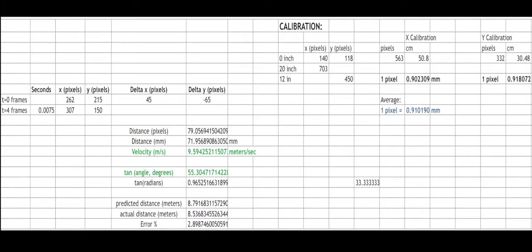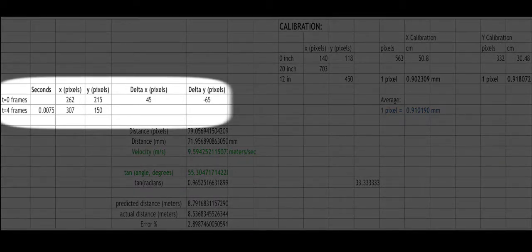This picture was taken at t equal to 0 frames, and this picture was taken at t equal to 4 frames. These are the results of the experiment that I did. On the left side, you can see that at t equal to 0 frames, the ball was at position 262 pixels in the x direction and 215 pixels in the y direction. I used Microsoft Paint to figure out these pixel values.